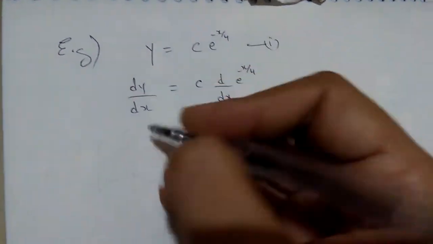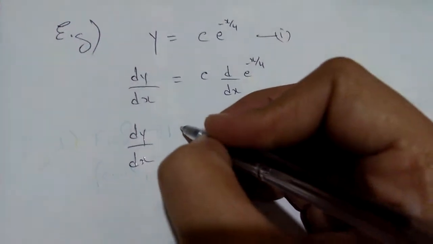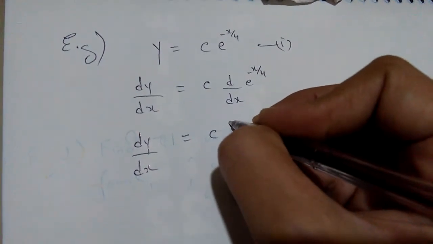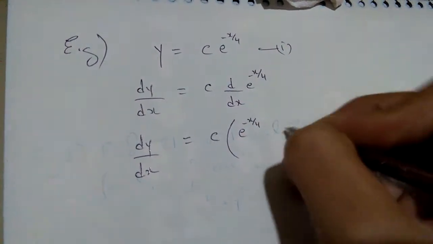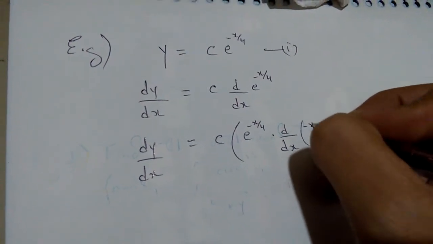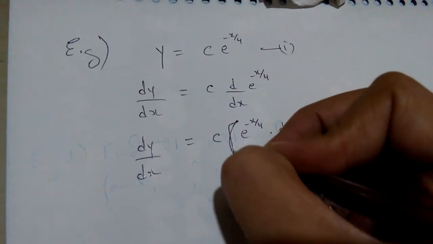Okay, so we just take a nice derivative here. Exponential, and then we just apply the chain rule on the power value, and I just use a big bracket here instead of small.